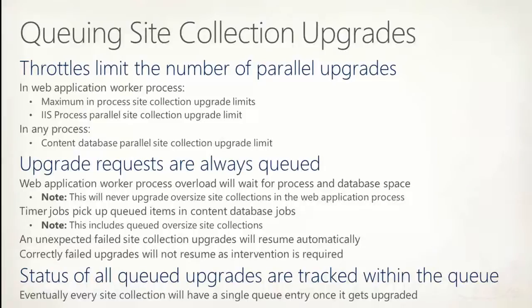It's temporary, usually for about a minute or so, but if everybody did it all at once, that load could be pretty high. So we put in one to limit how many occur on each process, within each web application's application pool. And two, the second place is the database itself. When you have too many upgrade sessions all at once, you could drain the IOPS away, and, well, the performance of the overall system may not be very good at that point.